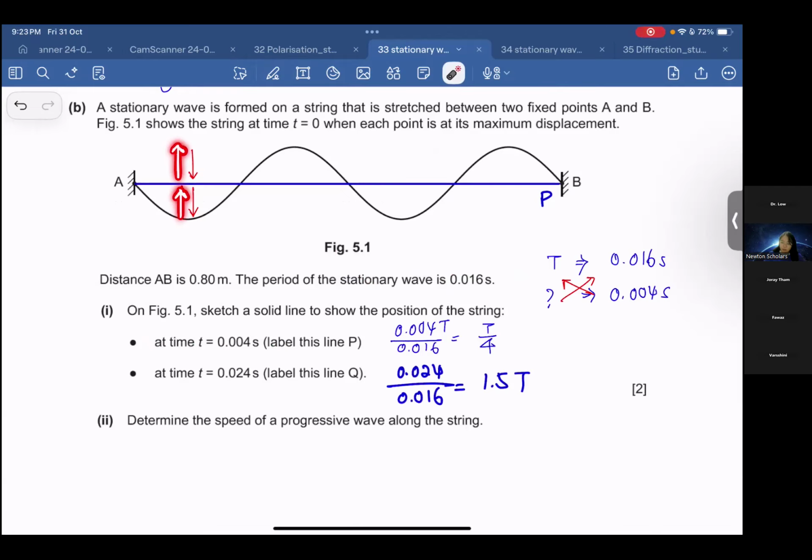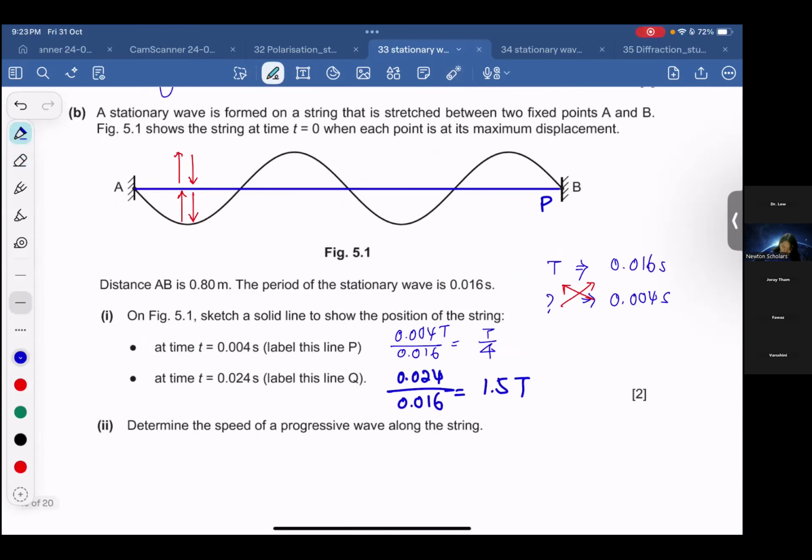So that means for 1.5 T, if you want to study 1.5, also never mind. You see, go up, go up, go down, go down. This is 1 complete, then continue, go up 1 over 4, 1 over 2. So at the end, what is the final position? It should be at the upper part.